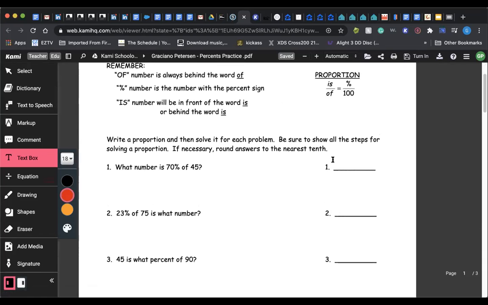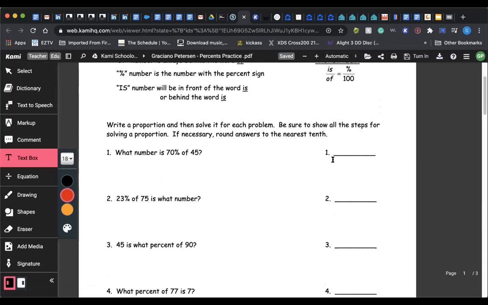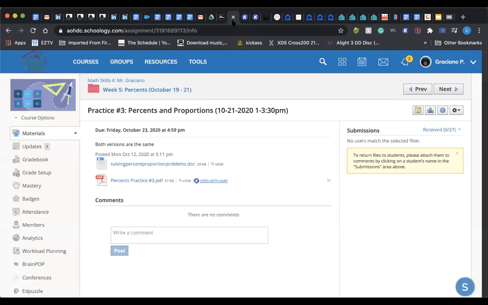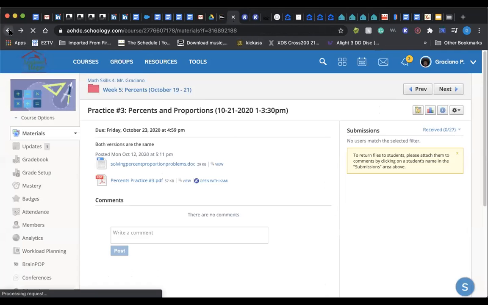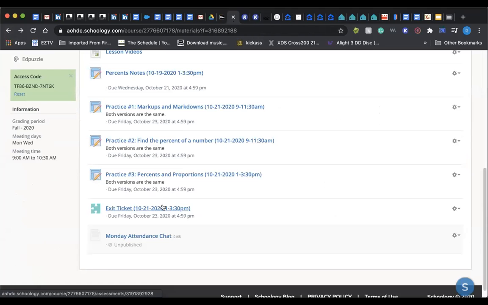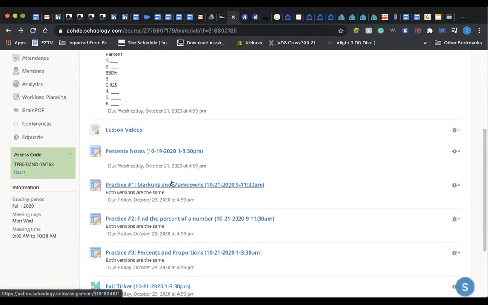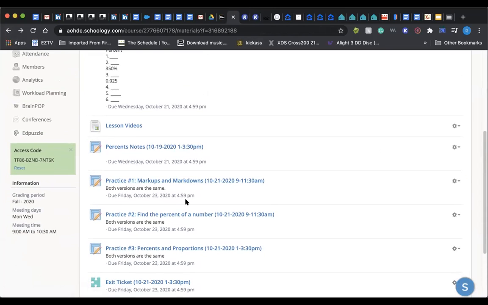You can do practice number 3 for your afternoon credit, or you can jump right ahead and do the exit ticket. One of these two things needs to be done by 7 p.m. tonight to make sure you get credit for the afternoon class. All right, are there questions for me?